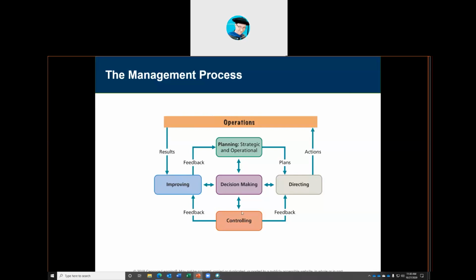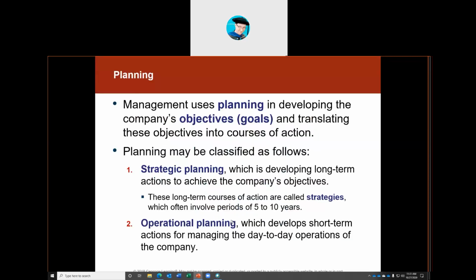And in decisions, we're controlling, we're improving, we're directing. Decision making is at the center of the management process. We make decisions to plan. We make decisions to improve. We make decisions to operate. We make decisions to control. And all of this is driven based off of feedback. That's kind of how the visualization of this looks. But don't worry, we'll break it down a little bit further.